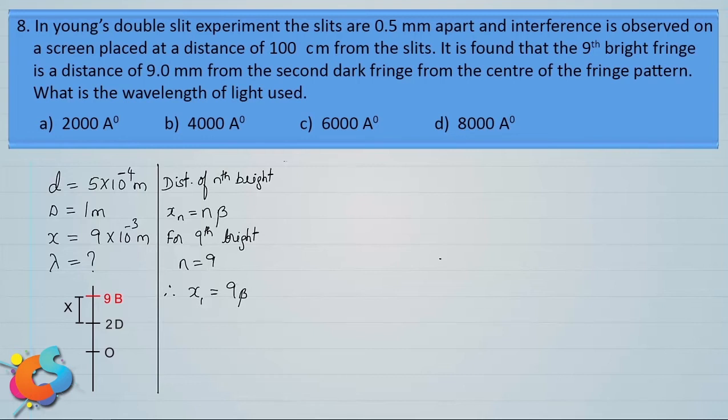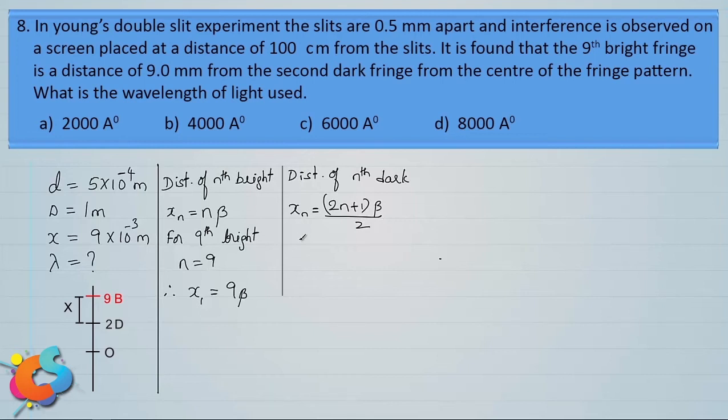Now let's go to the dark fringe. The distance of the nth dark is given by the formula xn is equal to (2n plus 1) beta by 2. When you use this formula, n starts from 0, 1, 2, 3, 4, and so on.